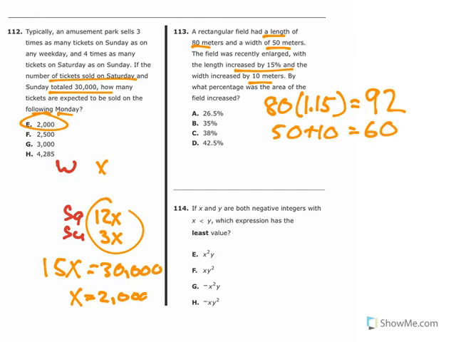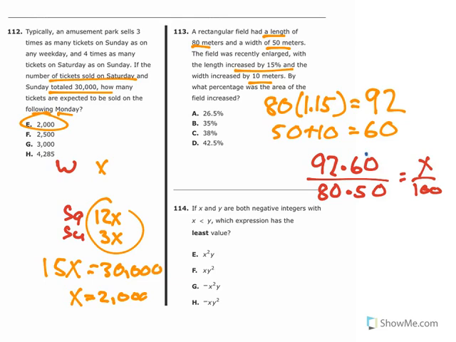So now we want to know what percent the area was increased by. All right, so the new area is 92 times 60, and the old area was 80 times 50. And I want to know what percent the numerator is of my denominator. So really, it's kind of like that. All right, but we want to know what the increase is. So I'm going to simplify this as much as possible, right?